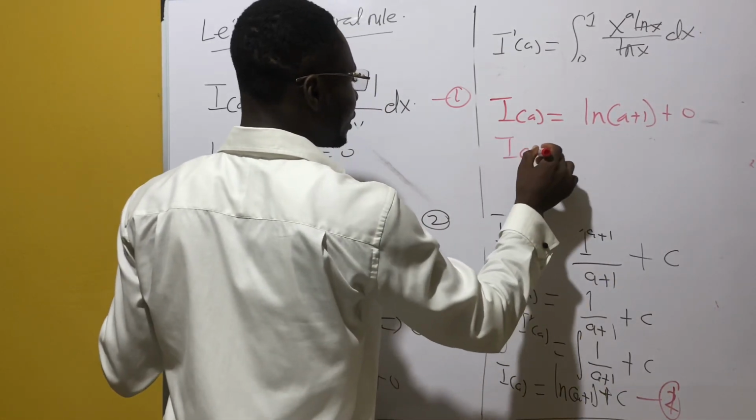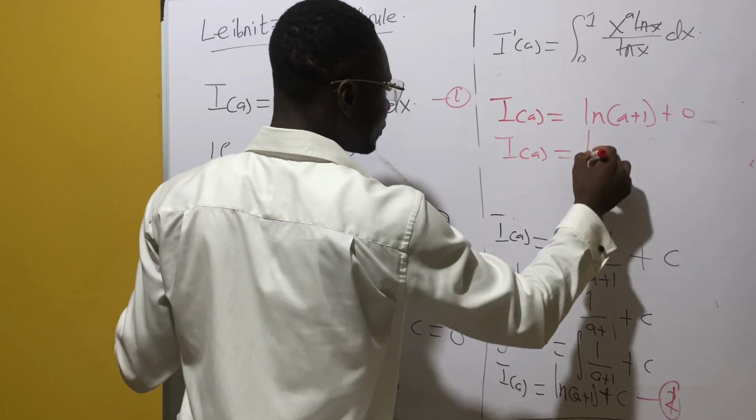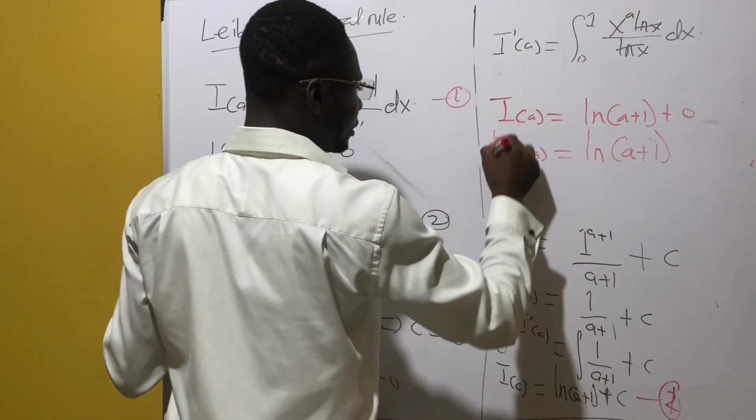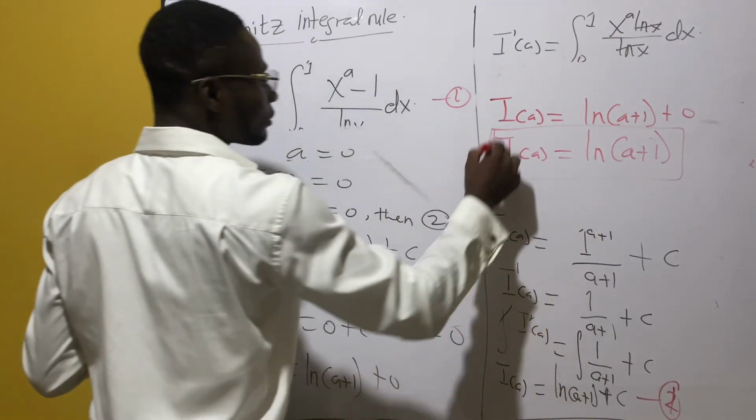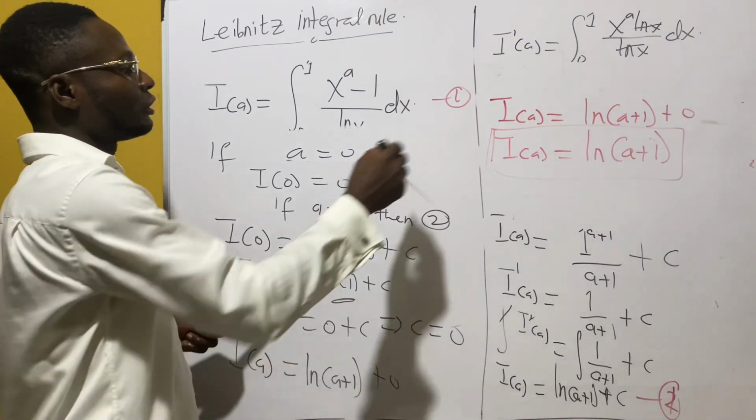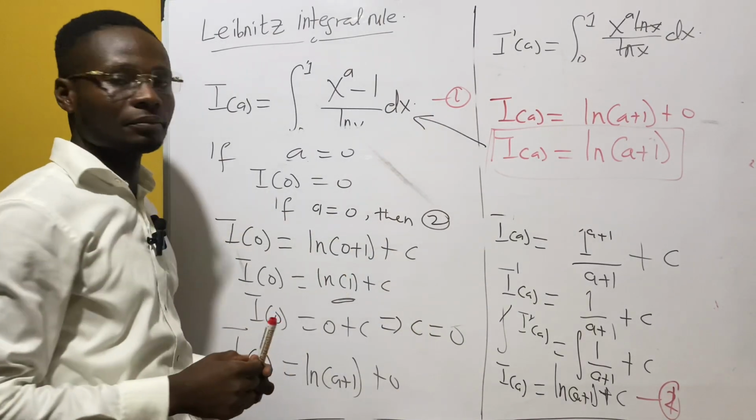So this means that our I of a is equal to ln(a + 1). That is the final solution to this particular problem.